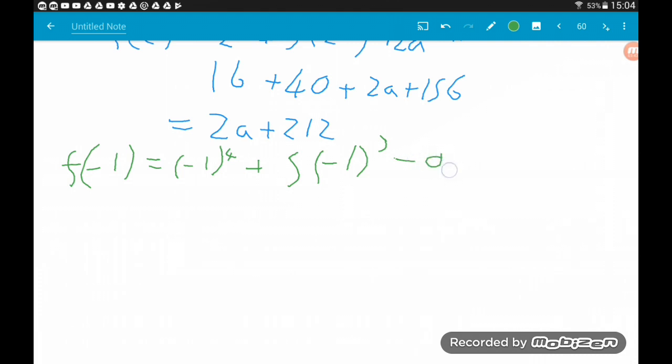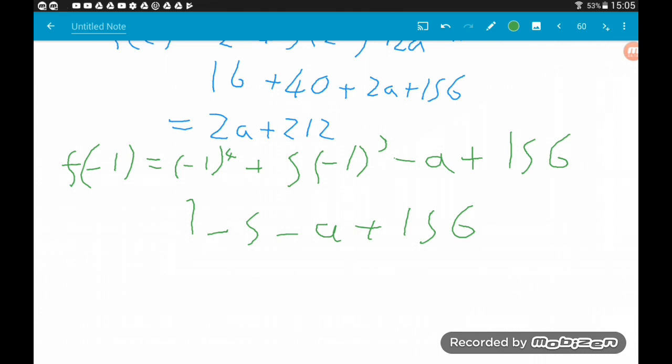So minus a add 156. Now if we sharpen this up, minus 1 to the power of 4 is positive 1. Minus 1 cubed is minus 1. 5 times that is minus 5. Minus a plus 156. Now 1 minus 5 is minus 4. And then add 156. We've got 152 minus a, like that.